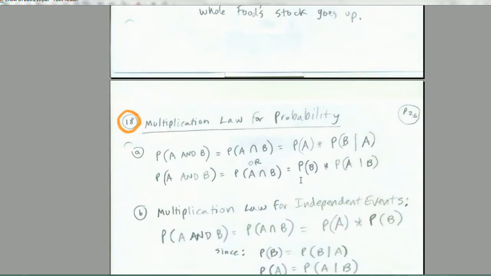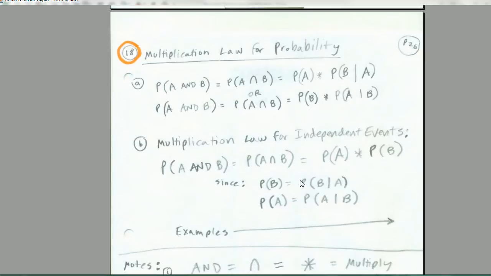Now I want to scroll down and just briefly look at our multiplication law because multiplication is going to be and. Whereas adding was or, multiplication is and. And how do we calculate an and? In this textbook, they use the intersection symbol, and there it is, to calculate probability of A and B, or A intersect B. It's the probability of A times probability of B, given that A has already occurred.